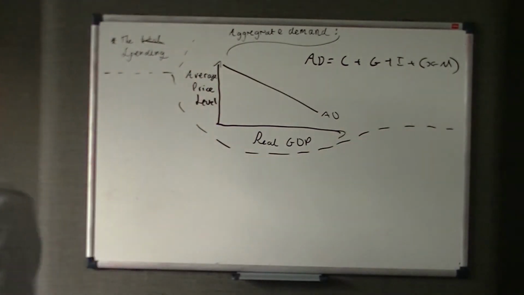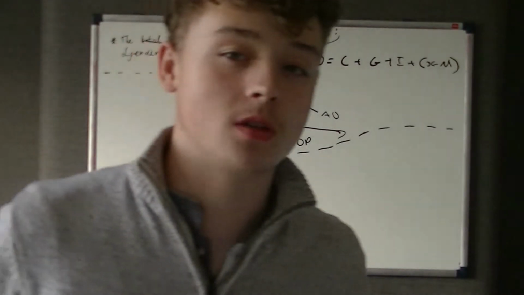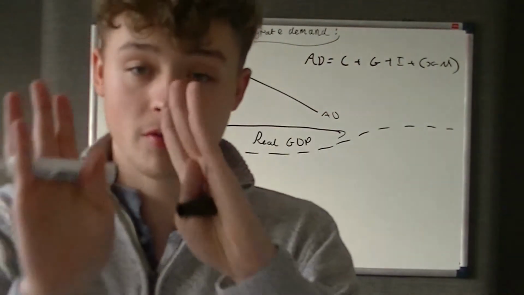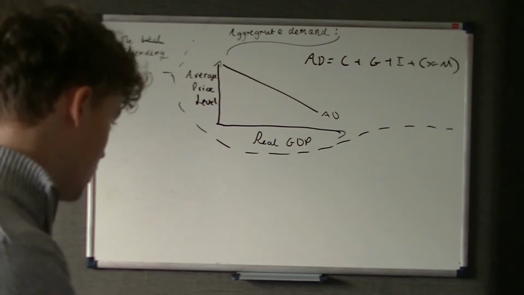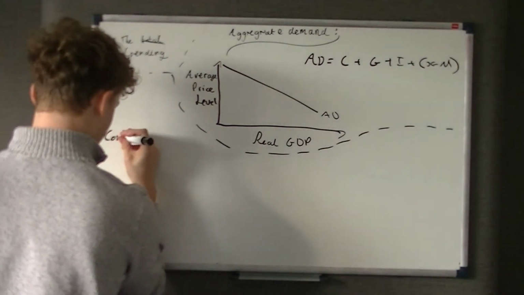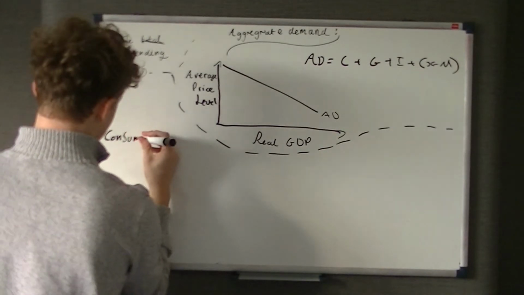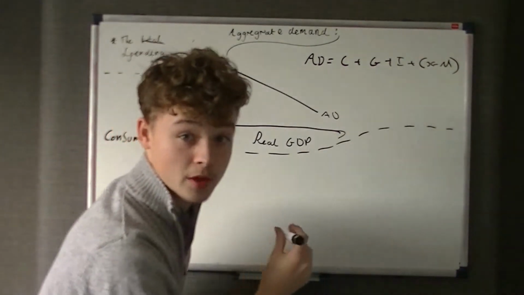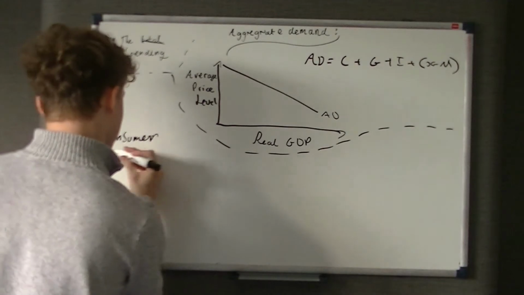Now, there are determinants within the determinants. I know it's crazy, but put your feet up and I'll explain it. So, consumer expenditure, I just put consumer because I'm again lazy. But you're not going to do that in an exam, are you? No. Consumer expenditure.